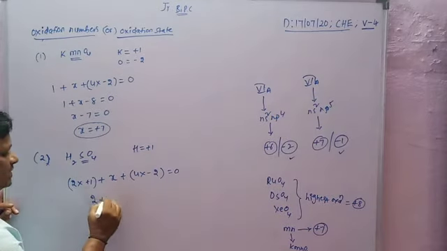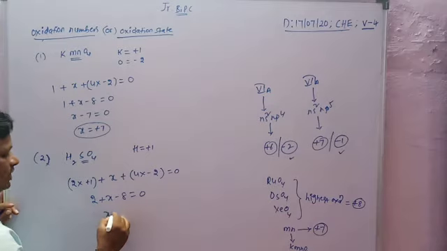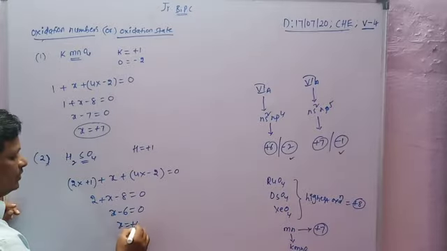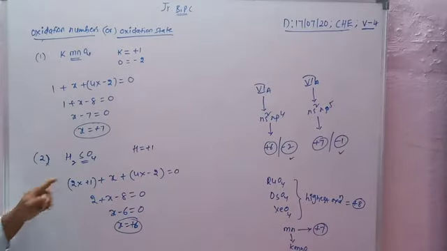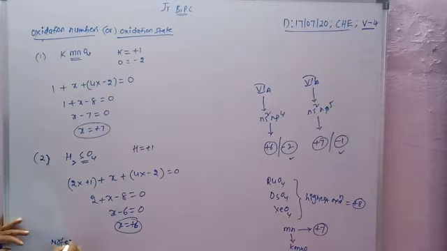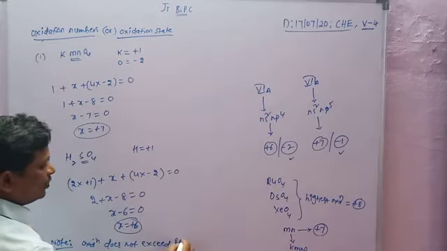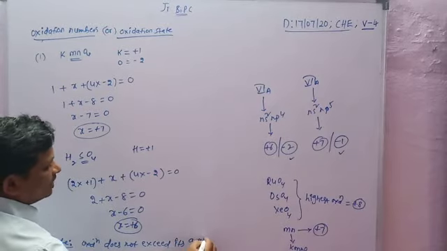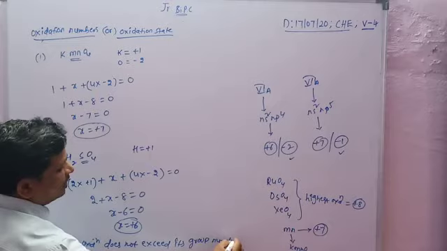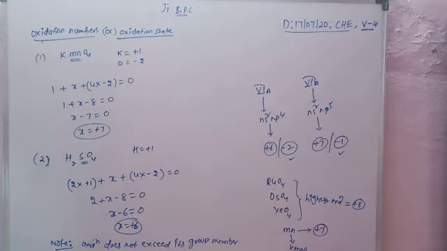So 2 plus X minus 8 equals 0, X minus 6 equals 0, so X equals +6. The oxidation number of sulfur is 6. Note: the oxidation number of an element does not exceed its group number. This is an important point.